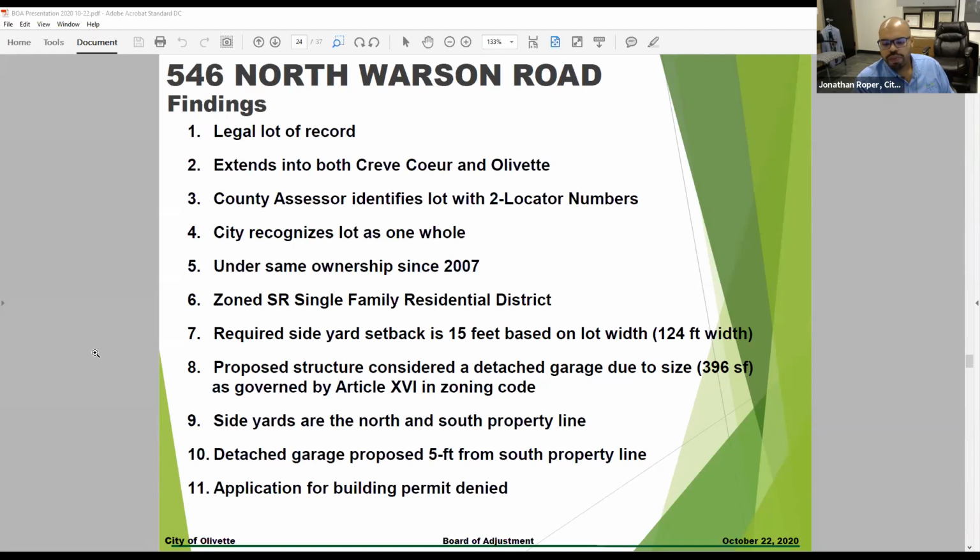They have resources online that talk about what to do to keep it from spreading. That's if the board were to go ahead with an approval, and that's what staff wants to note about that component.